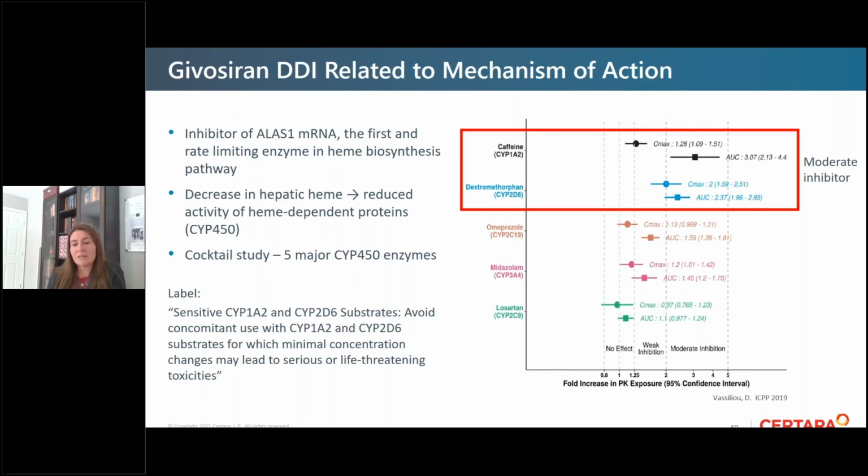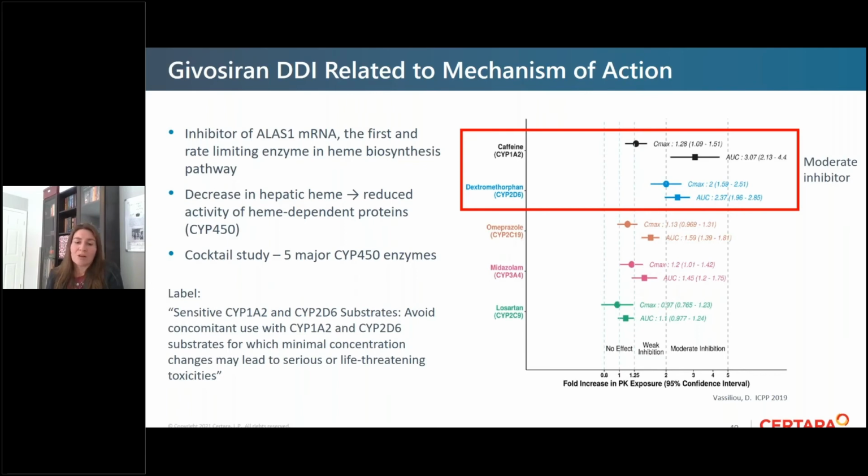The results, shown on the forest plot on the slides, demonstrate that there was a moderate inhibition of 1A2 and 2D6, and the increase in exposures of the sensitive substrates was in the 2 to 5-fold range when they were co-dosed with givosiran.